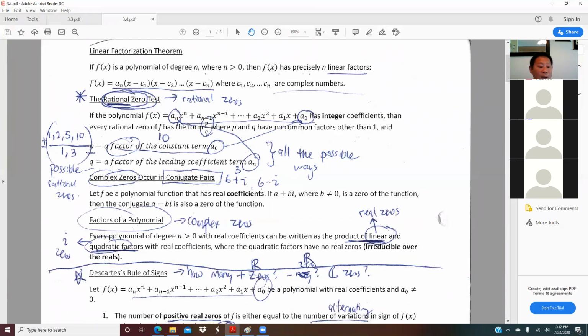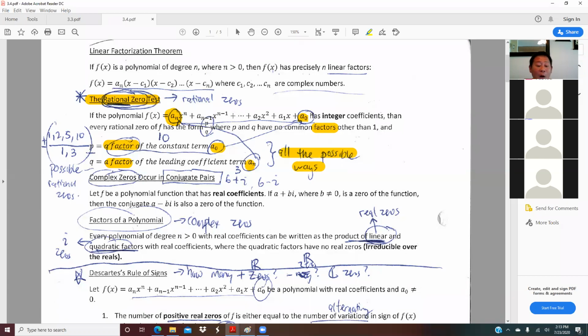Rational zero test, this is super important, that's why I put stars on it, is you take the factors of the first coefficient, your leading coefficient, and the factors of your constant term, and you give me all the factors that you can have. And then after that, you divide them. So you give all the factors for P, which is the one on top, and then you give me the factors for Q, which is the leading coefficient. And then you give me all the possible ways that you can divide these two.